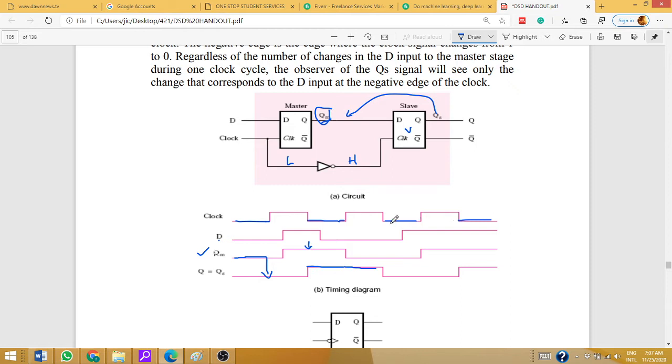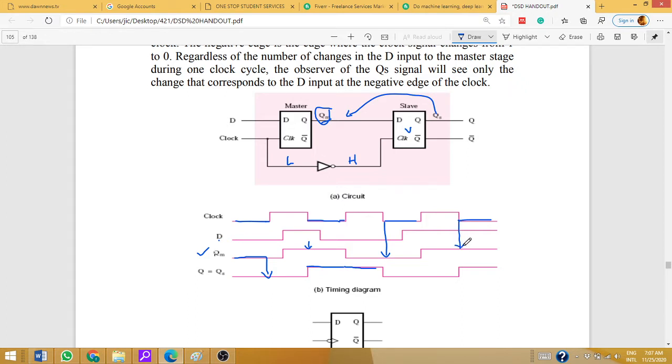Now another low level of the clock here. What is the value of QM now? QM is low, so Q will continue low until the next low level. Now at this stage, another low level.